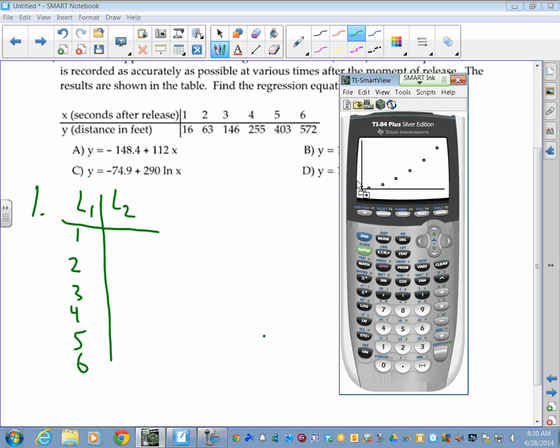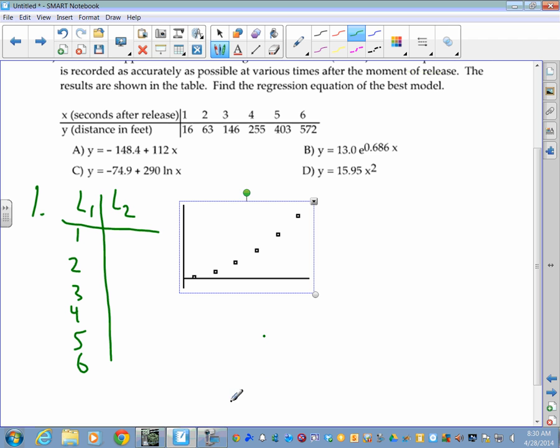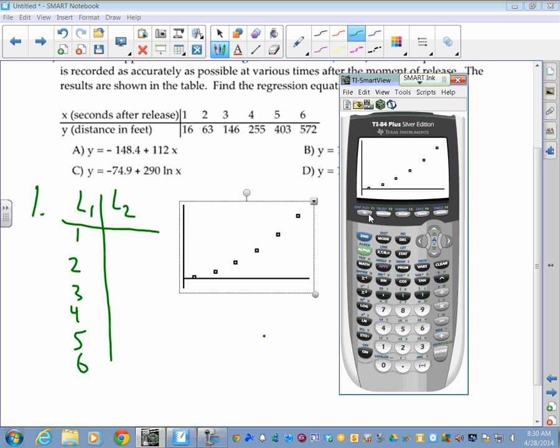Now, also make sure that your stat plot is turned on. You can go to y equals and turn it on. If you don't see anything on there, it's off. If you turn it on, it's highlighted. That means it's on. You can see your dots. So after you do that, go to zoom stat. It'll set it up for you, and there you go.